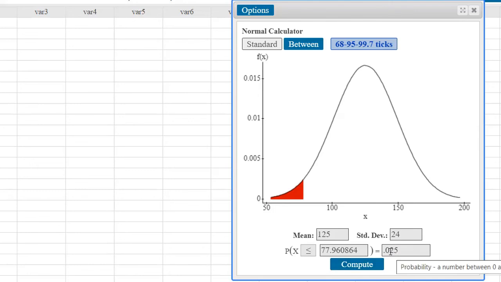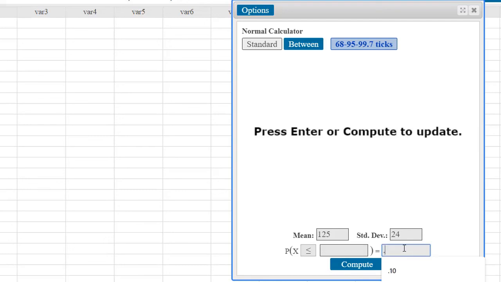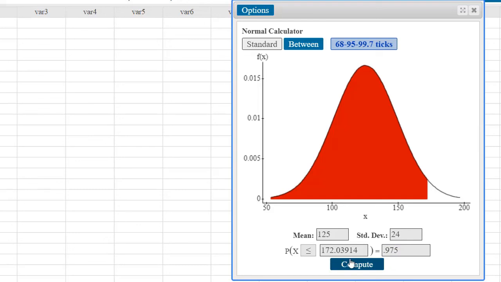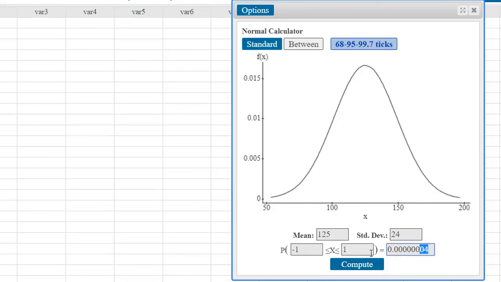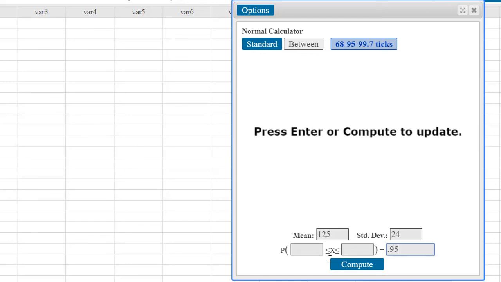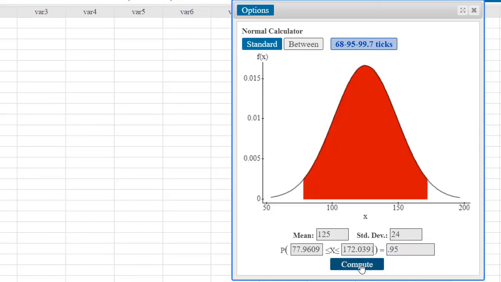I could also then use 0.975 to get the 172.04. Or I could have changed this to greater than and typed in 0.025, and that would give me that result. Or I could go to the between option and type in 0.95, the area in the middle, and it would give me both values.